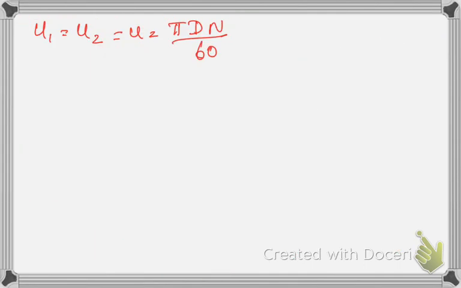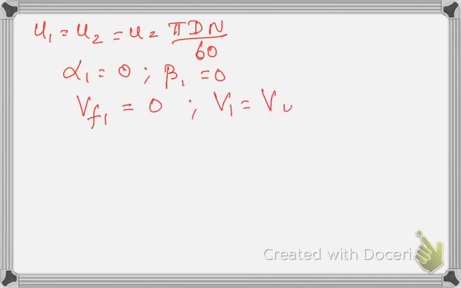So alpha 1 is equal to 0 and beta 1 is equal to 0, since there is no angle in the nozzle and there is no velocity of flow either. So Vf1 is equal to 0 and V1 will be equal to Vw1, and my relative velocity VR1 is equal to V1 minus U1. So these are general common points we have to remember when we are using our Pelton wheel turbine.